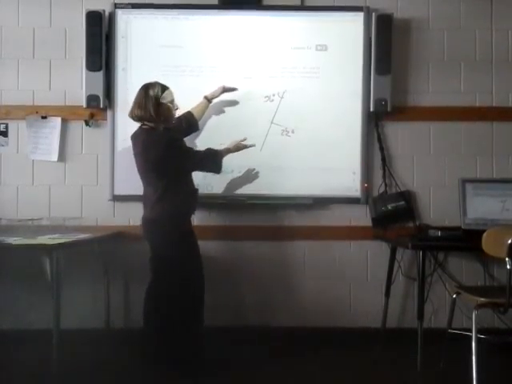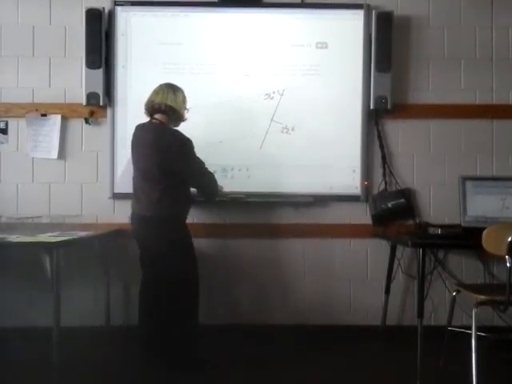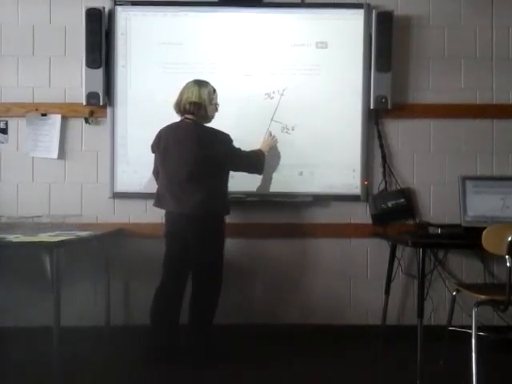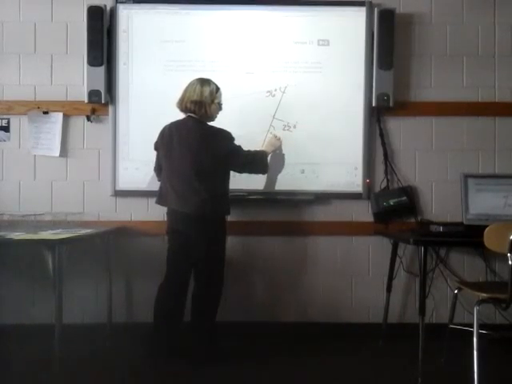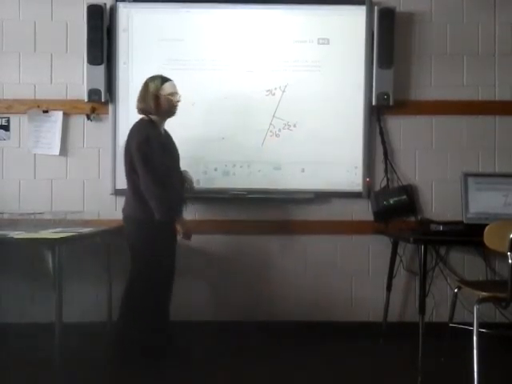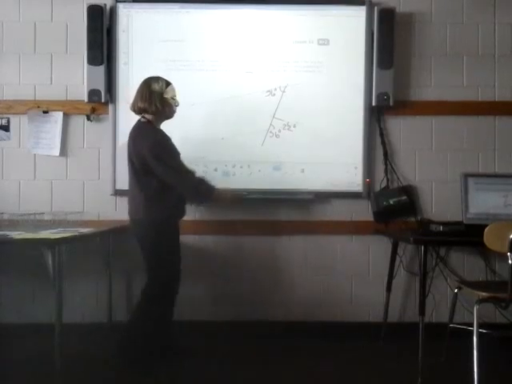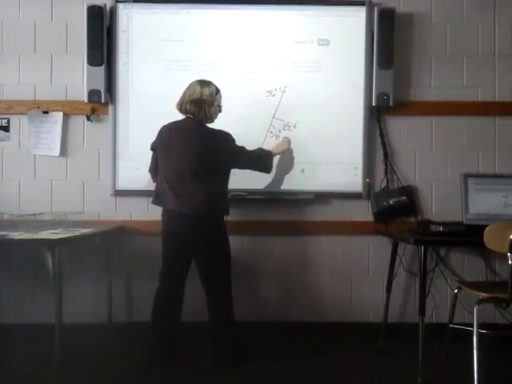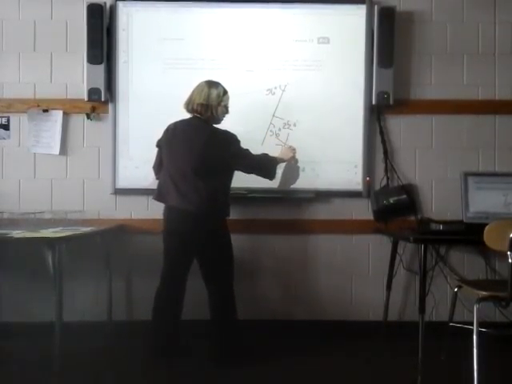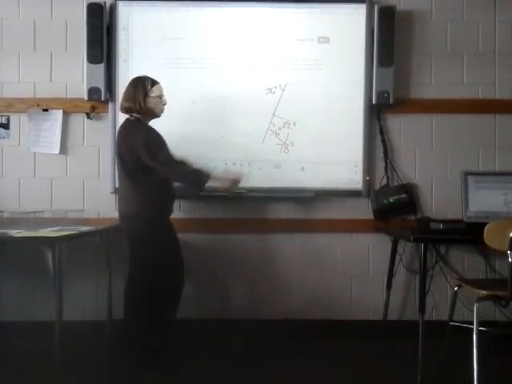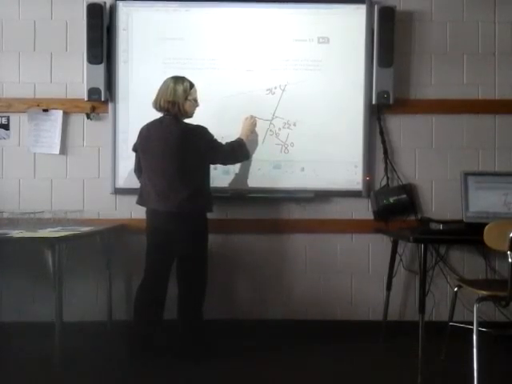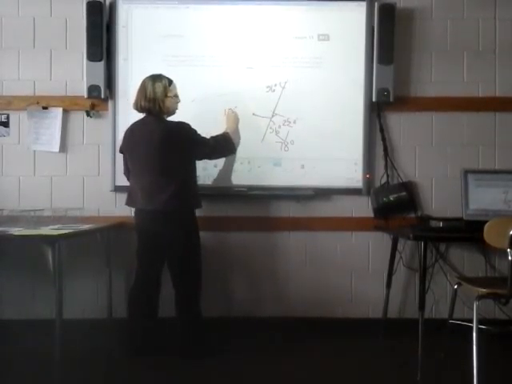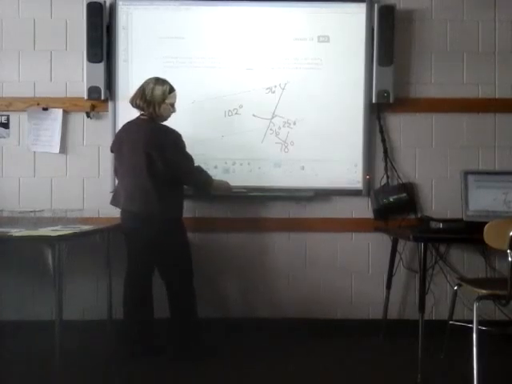Once you've created a transversal, you've created alternate interior angles. Because this is 56, this has to be 56 degrees. Which means inside my triangle so far, I have 78 degrees. Which means my missing inside triangle angle is 102 degrees.